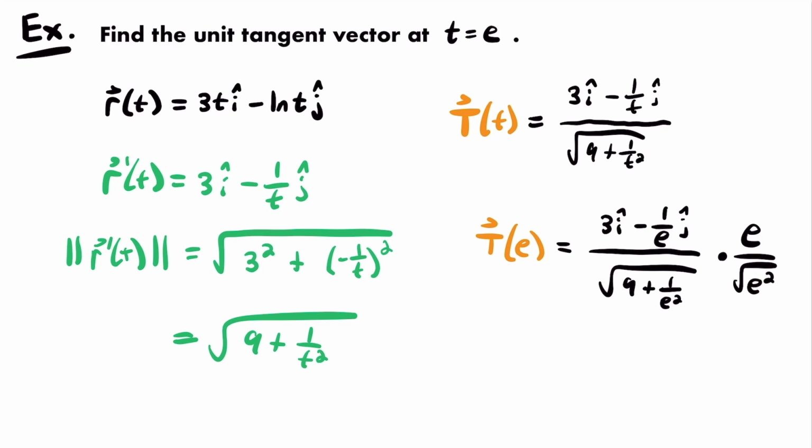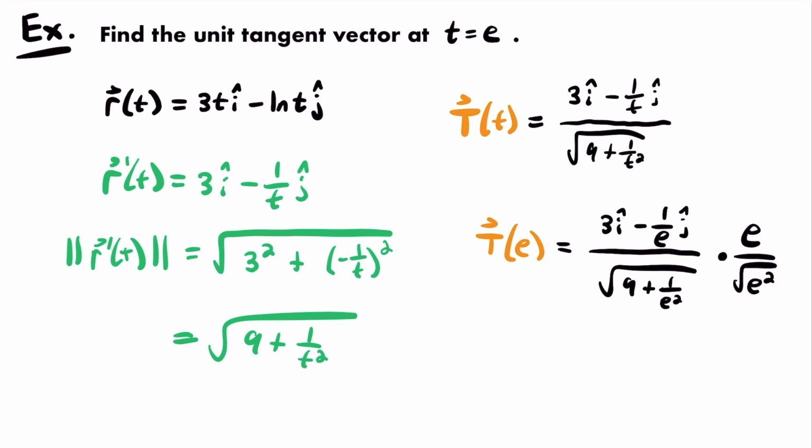That is a form of 1 because the square root of e squared is e, and so e divided by e is 1. We're not changing anything here. We're still multiplying by 1, but by doing this, we get rid of this ugly fraction here, and we'll get rid of this ugly fraction here. Multiplying these two square roots will give you the square root of 9 times e squared, and then 1 divided by e squared times e squared is just 1.